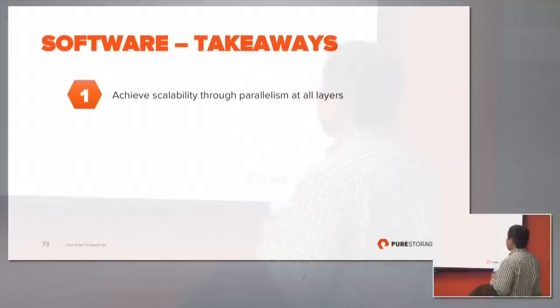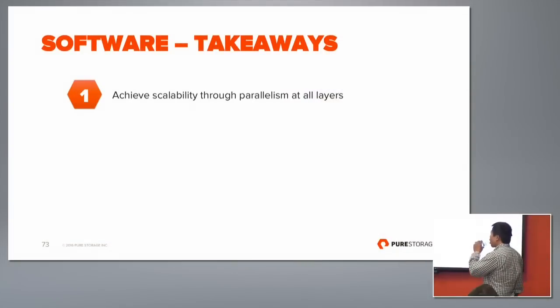If I leave you with three takeaways from the software side: point number one is that we want to achieve scalability by creating parallelism at all layers. We look at scalability as a holistic problem. We have to find ways to create distribution at each of those layers: the networking, the compute, and the storage.